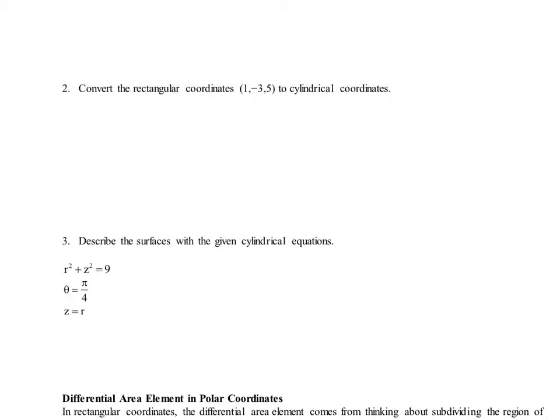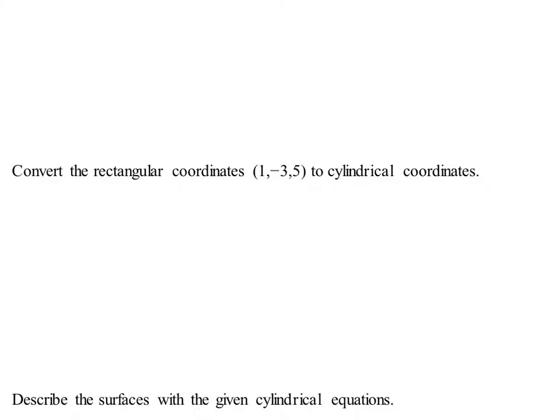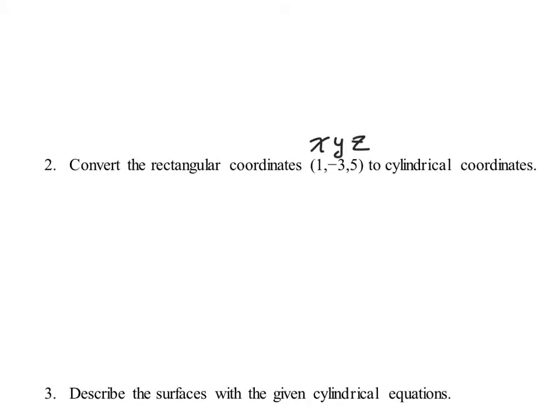Going the other way, converting to cylindrical coordinates. Well, we're starting off with an x value and a y value and a z value, and we need r theta z. The z is, again, not something we're concerned with. It's just the x and y.